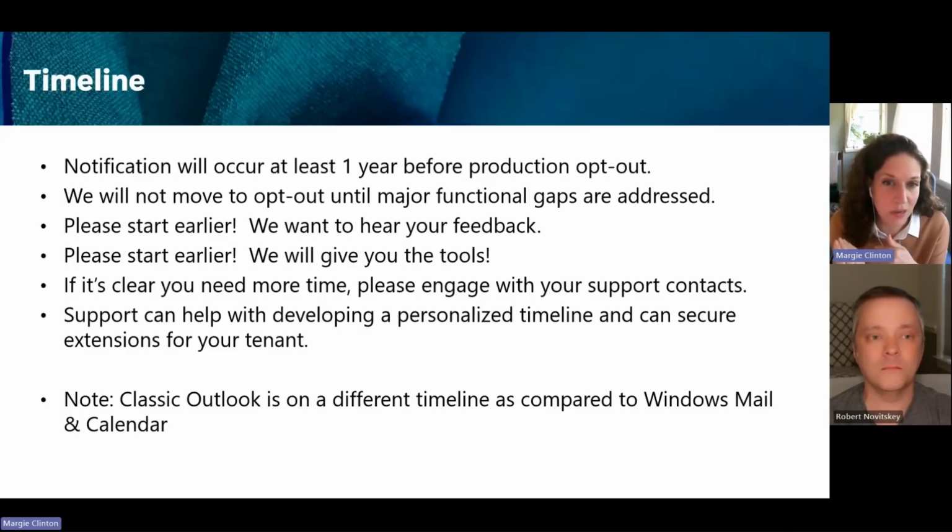We understand that there's a significant difference in expectations and customer requirements between those. And so if you're getting nervous as you're seeing timelines and things being communicated out around the mail and calendar apps being on Windows, know that it's not the same for what we're talking about for Win32 or Classic Outlook.